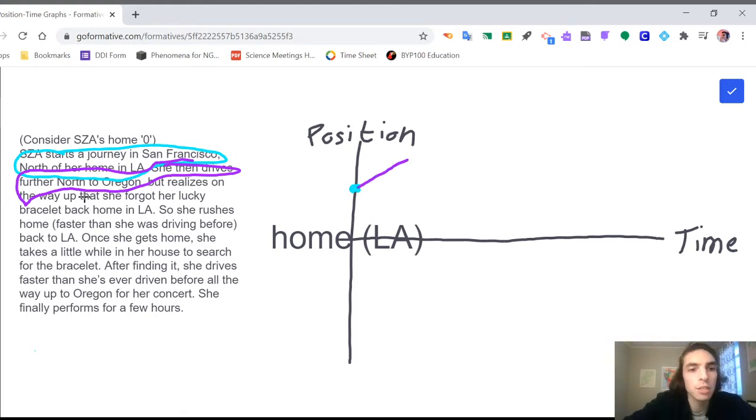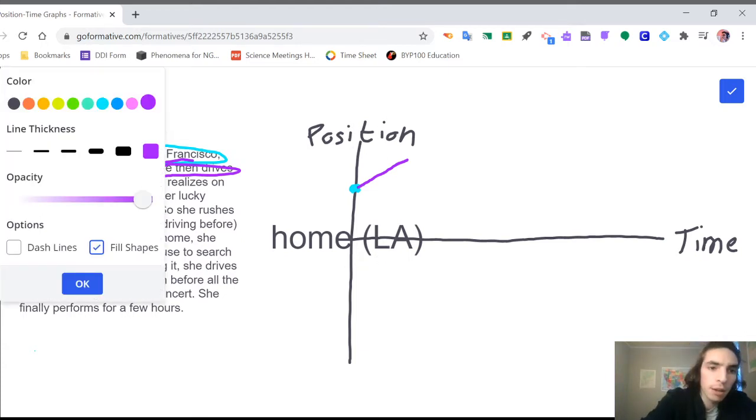But she realizes on the way up that she forgot her lucky bracelet back home in LA. So she rushes home. And again, home is this kind of like 0 position, this 0 line going through, like the x-axis really, where we know our y or position is 0. And she does that really fast.